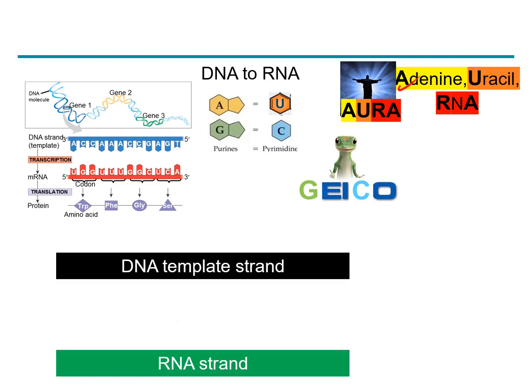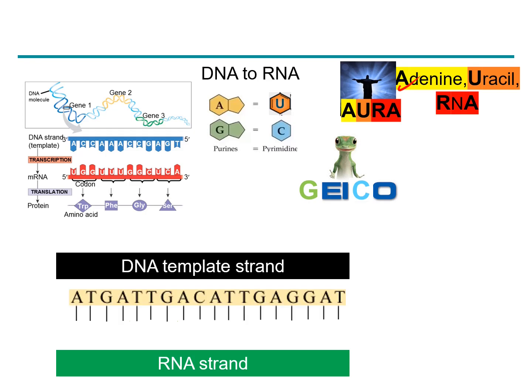So now let's try to go from a DNA template strand to an RNA template strand. And you can use again these mnemonics, or you can use something else, but I want you to stop the video and try to answer these questions.